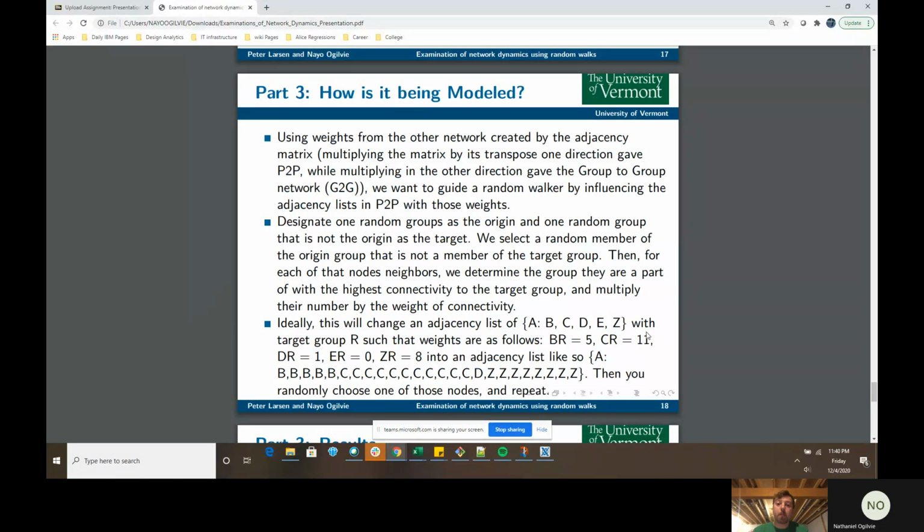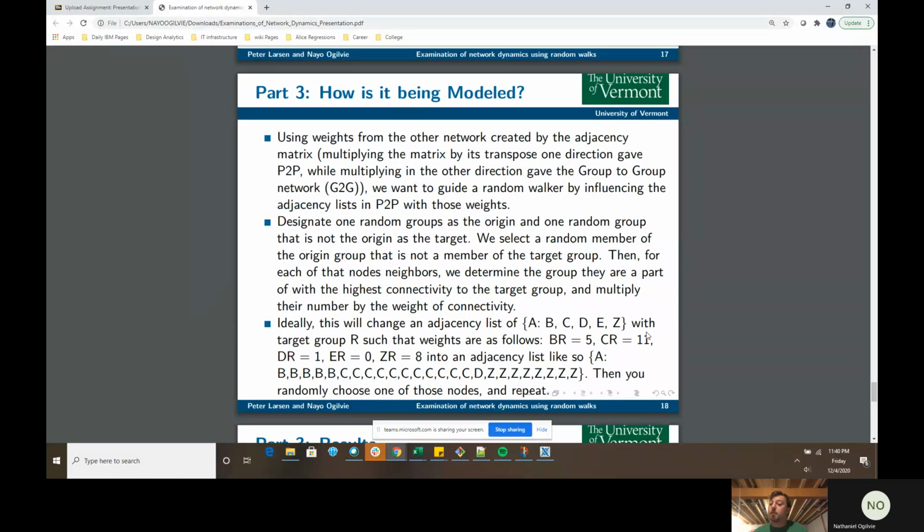And then part three. In part three, we are trying to use weights from another network that is paired with the P2P network, in that we began with a bipartite matrix of people to groups. That matrix can then be multiplied in either the form A A transpose, or A transpose A. One of those gives the person-to-person network that we've been discussing above.